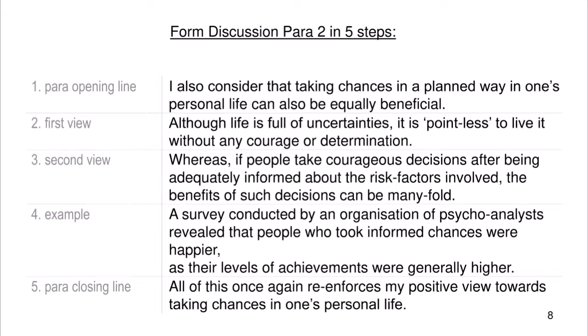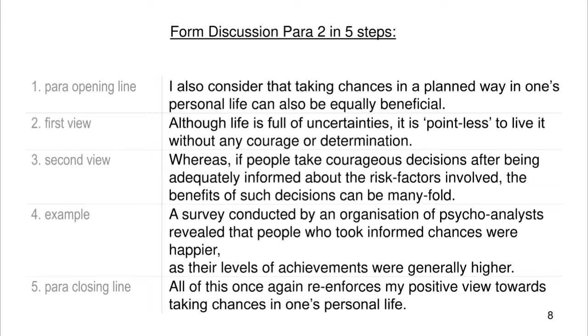I also consider that taking chances in a planned way in one's personal life can also be equally beneficial. Although life is full of uncertainties, it is pointless to live it without any courage or determination. Whereas, if people take courageous decisions after being adequately informed about the risk factors involved, the benefits of such decisions can be many-fold.